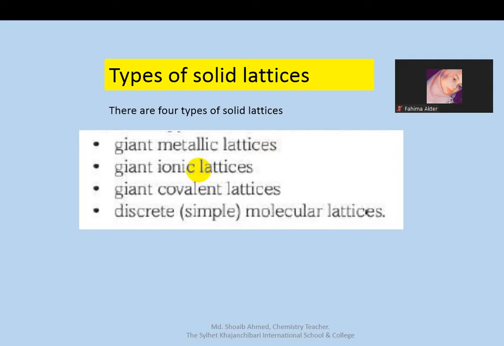The attraction force between the positive nuclei and the surrounding electrons is called a metallic bond, and a giant structure is formed when many particles are linked by bonds. An ionic lattice forms with positive and negative ions.